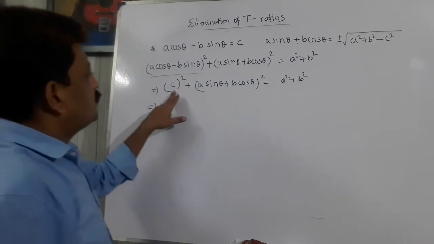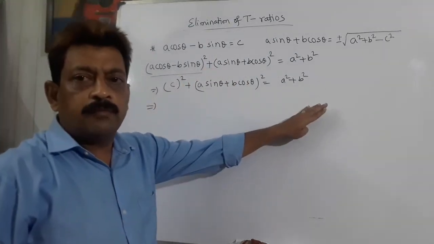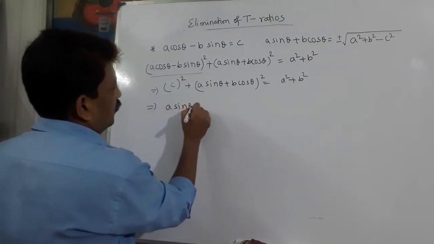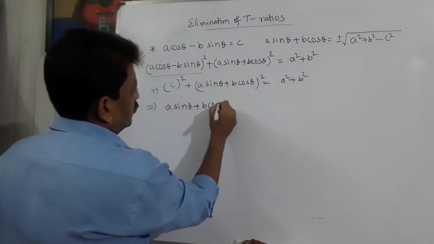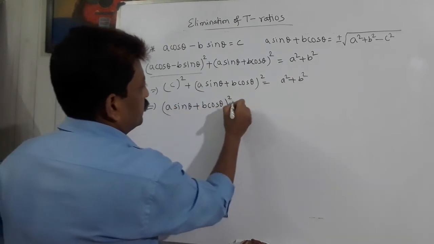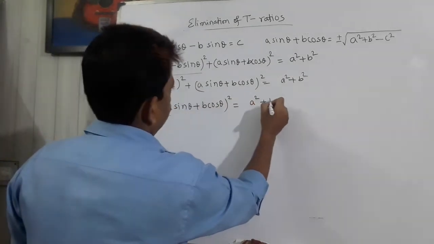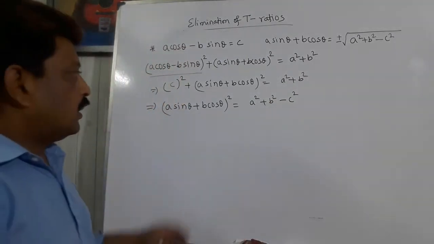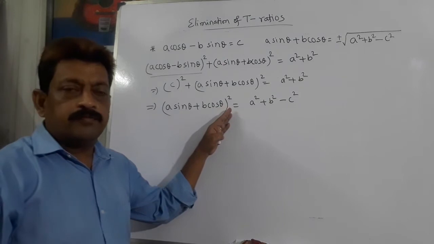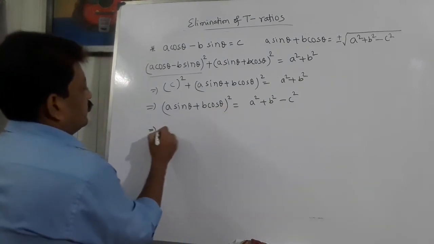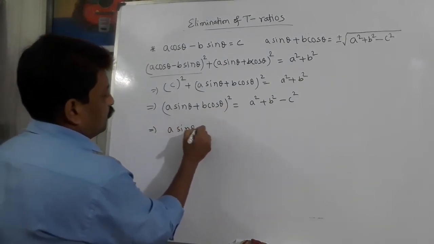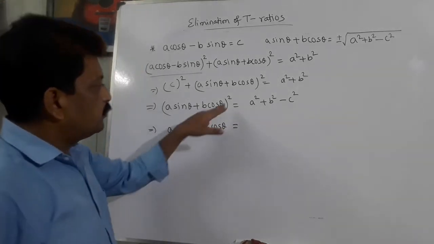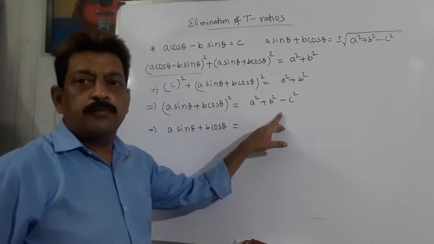Now C square will go to that side. It will become minus C square. So (A sin theta plus B cos theta) whole square equals A square plus B square minus C square. Now I have to remove the square sign. So A sin theta plus B cos theta equals, when I remove the square sign, this side will become a root.